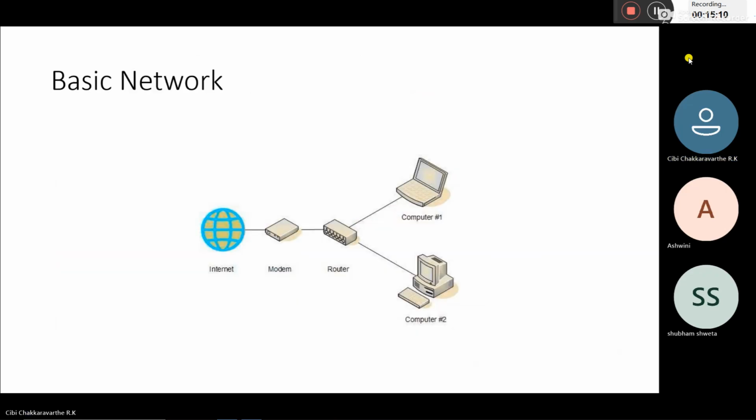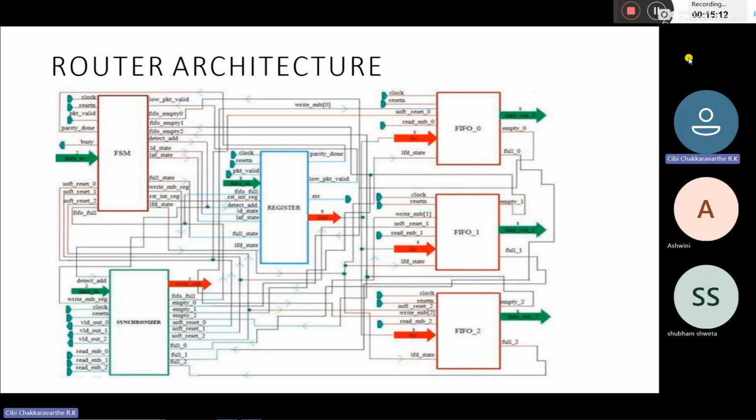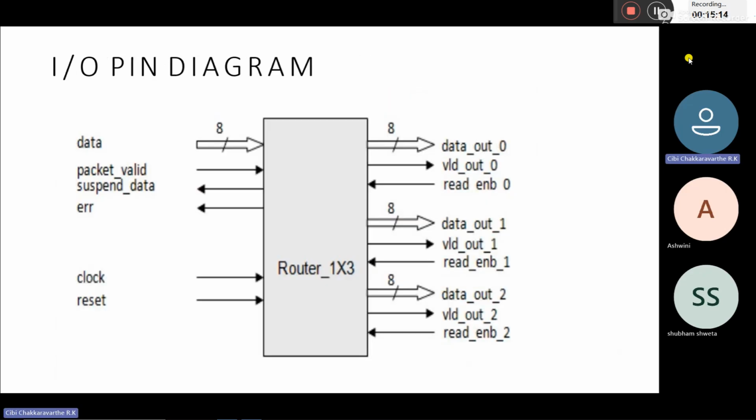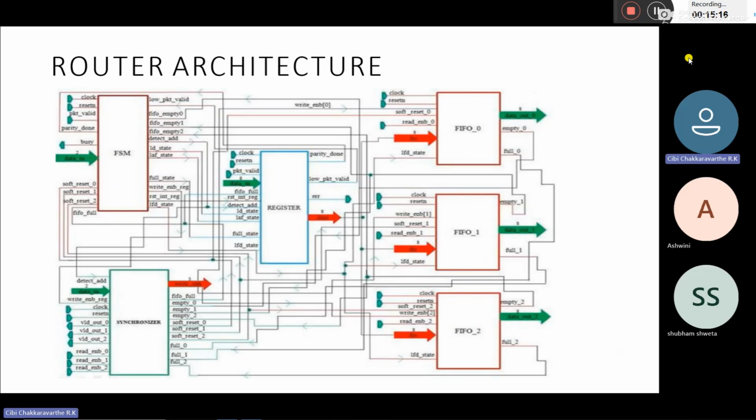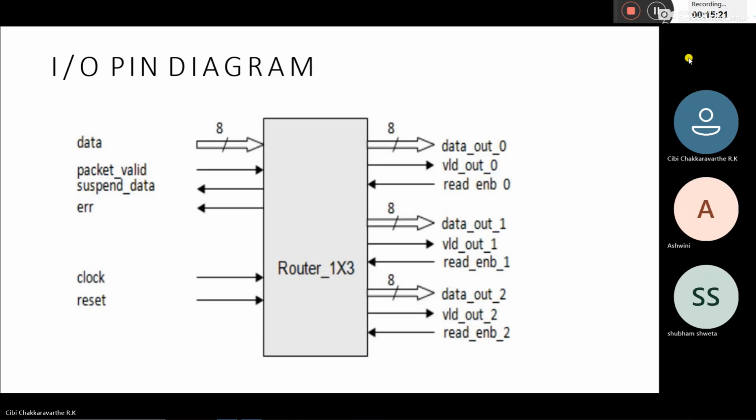And this is our router architecture. I will explain this once again. Yesterday I think we have seen this, but no problem. And this is our pin diagram. There is a clock and reset, which are global signals, and then we have packet valid. This packet valid is different from our low packet valid.